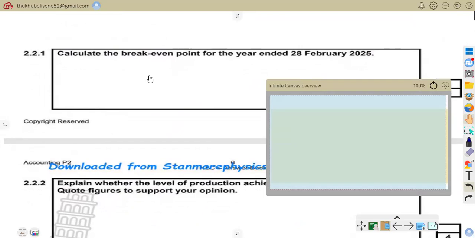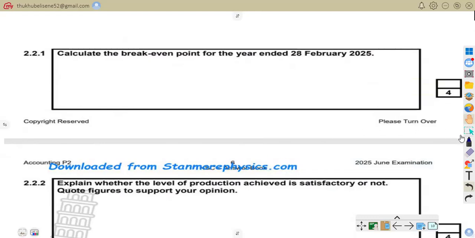Like we have said, we first start with our total cost, which is 2,442,375, divided by our selling price per unit of 104.10, minus our variable cost per unit, which is 36.10.